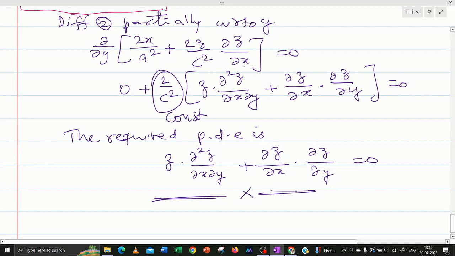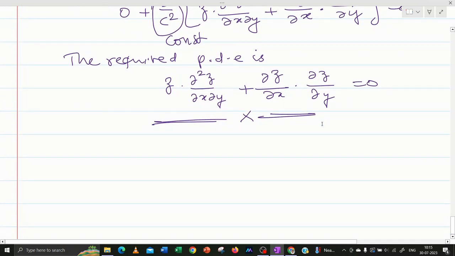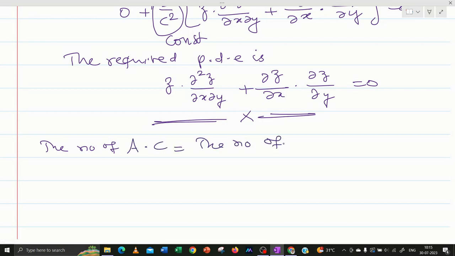So from the above examples, we have learned one thing. In case the number of arbitrary constants is equal to the number of independent variables, then we will get the equation as a first order PDE.